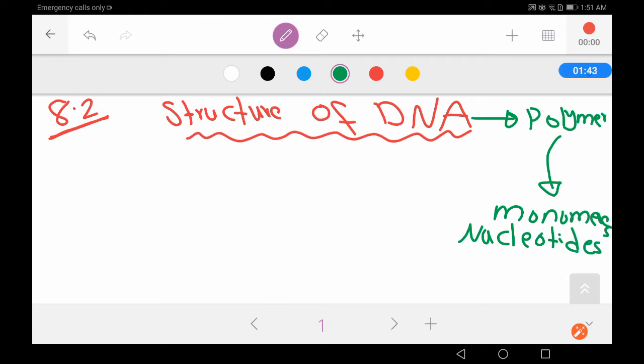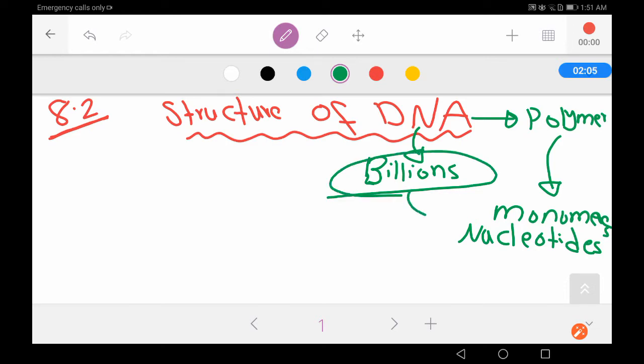So, how many nucleotides do we have as a number in DNA? We have billions of nucleotides in a DNA molecule, just in one cell that contains a DNA molecule. It's made up of billions of those nucleotides. Okay, but how many types do we have? As a type, how many types of nucleotides do we have?